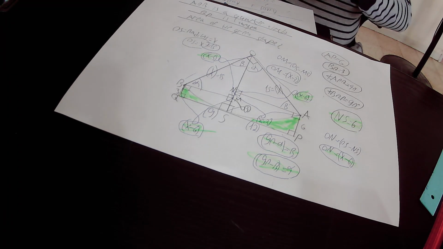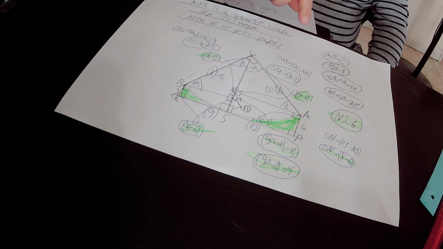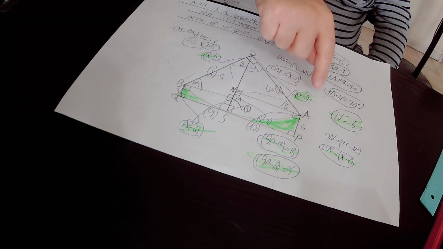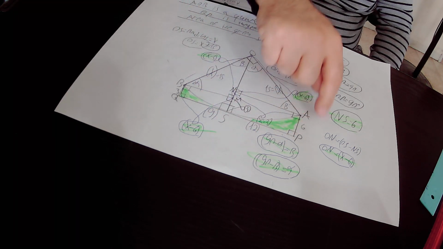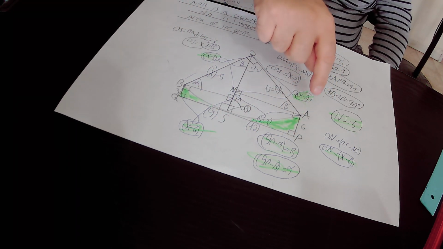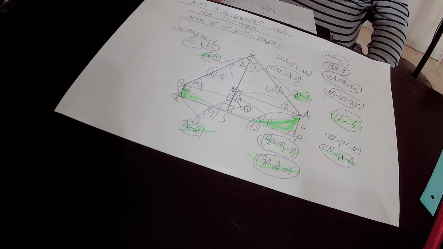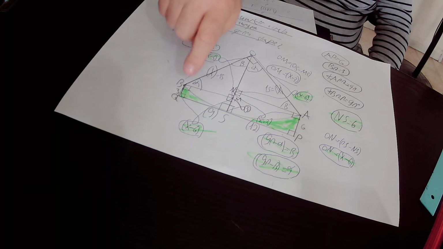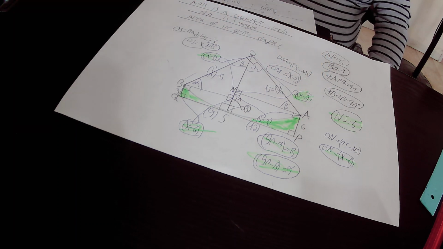So what is the area of this green shape? The area of the green shape equals the area of the big shape OBQSPA minus the area of this quarter circle AOB.